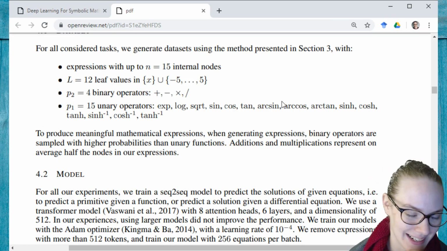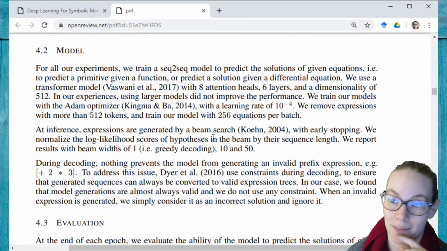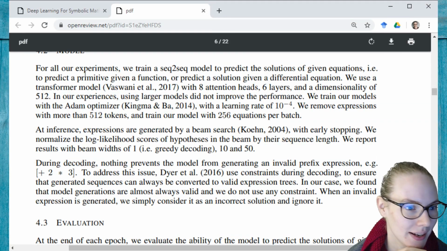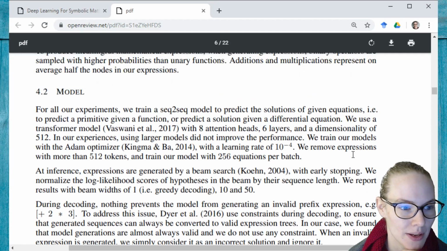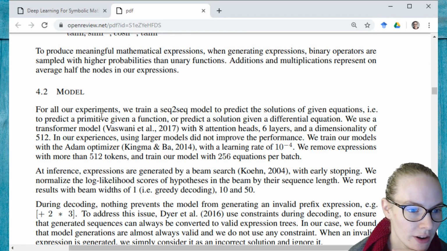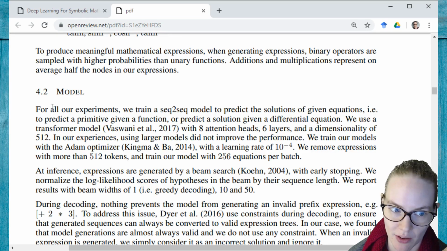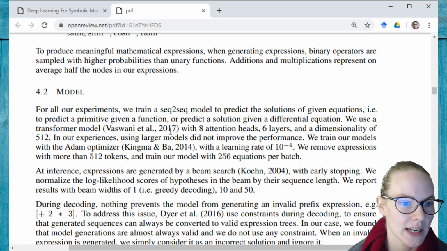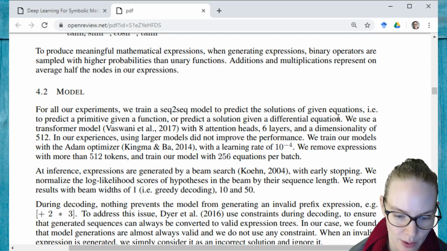All right. Model. So here's where I think I will have more background knowledge around the question. For all our experiments, we train a seq-to-seq model to predict the solutions of given equations, i.e. to predict a primitive given a function or predict a solution given a differential equation.